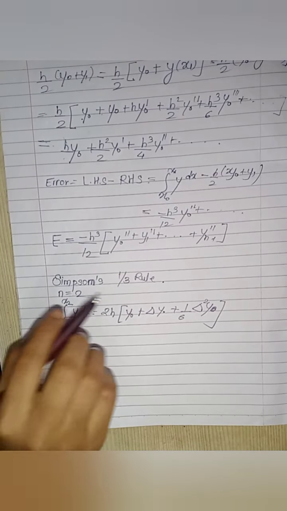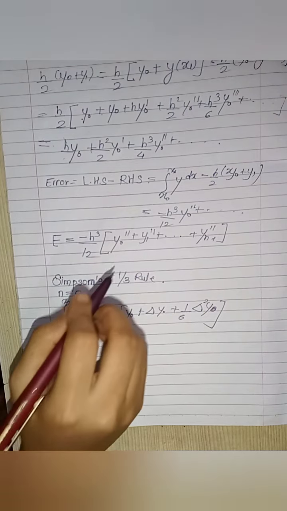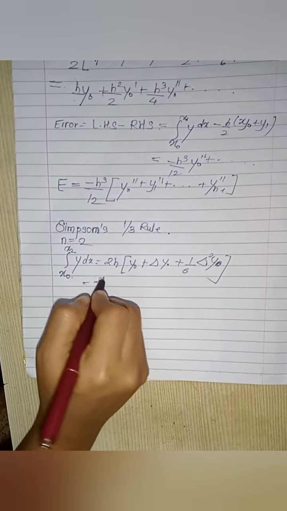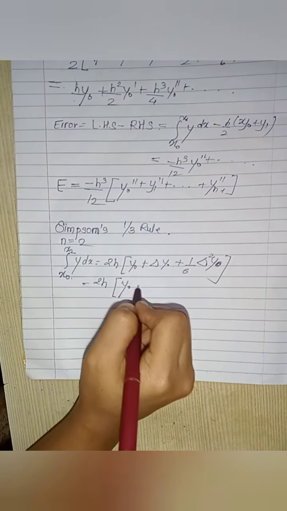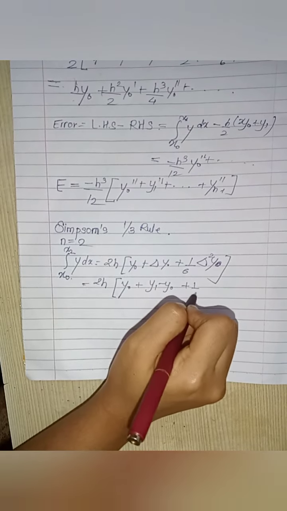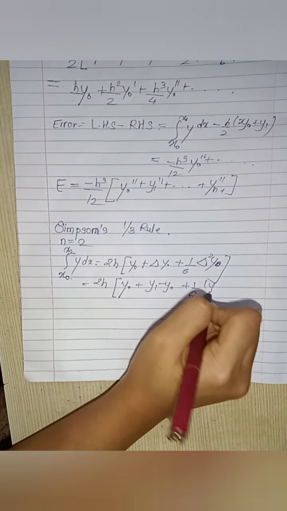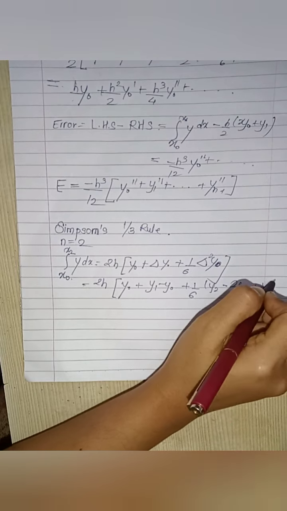So solving this, let's solve this. So it's 2h into y naught as it is. Delta y naught is nothing but y1 minus y naught plus 1 upon 6. As we have seen before, delta square y naught is nothing but y2 minus 2y1 plus y naught.